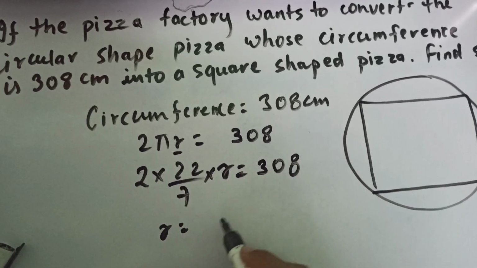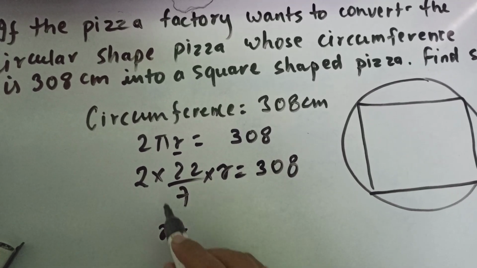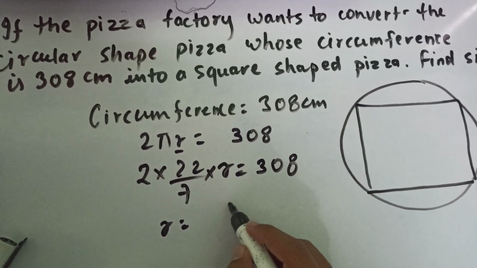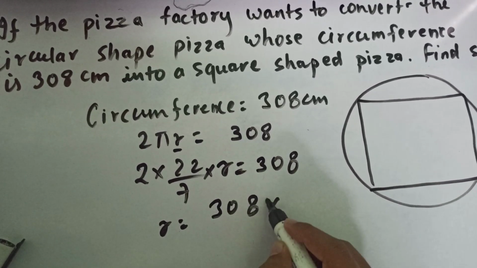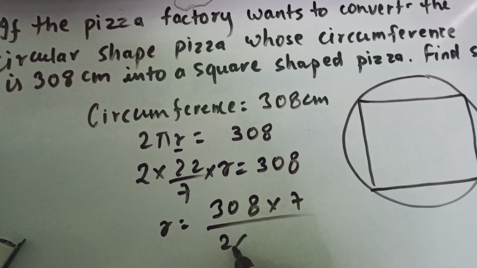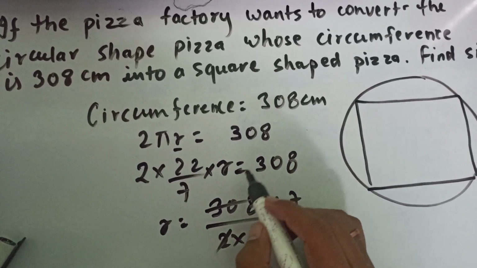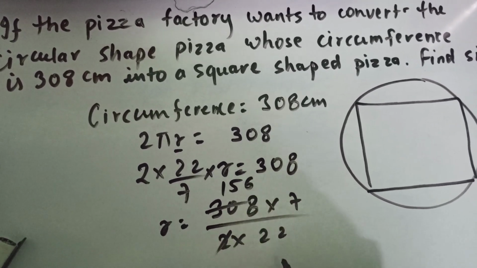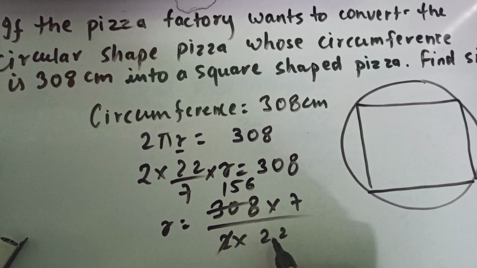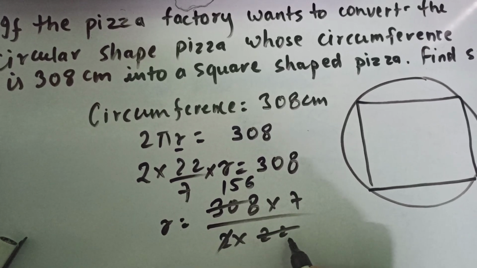We can send all the values to the right side. So 7 upon 2 into, just divide it. So 154. Now what can we do now?